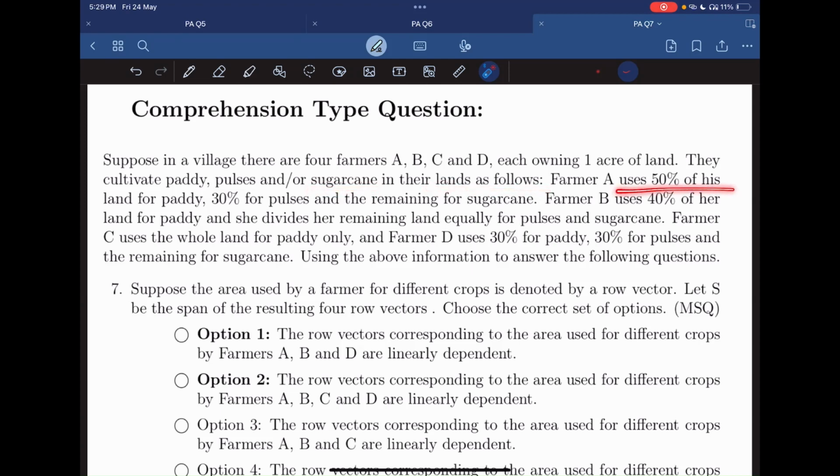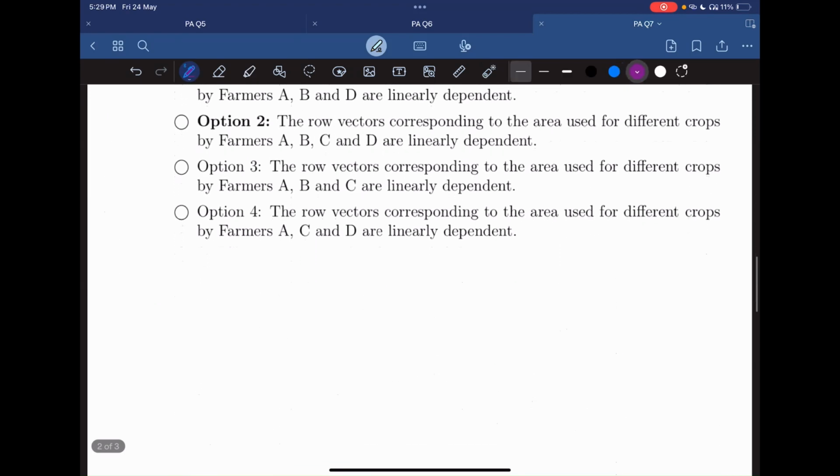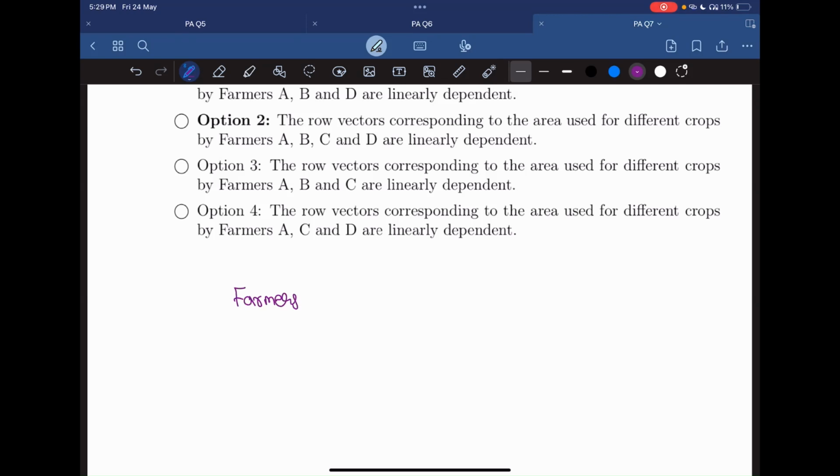So farmer A uses 50% of his land for paddy. So we have farmer A, and we have paddy, pulses and sugar cane.